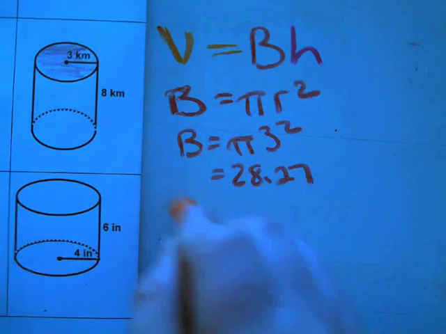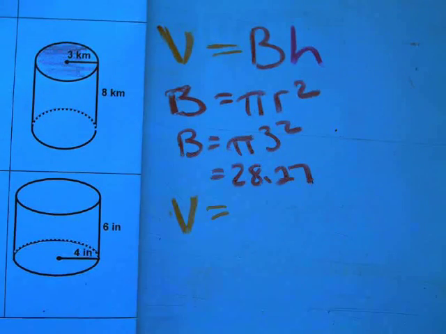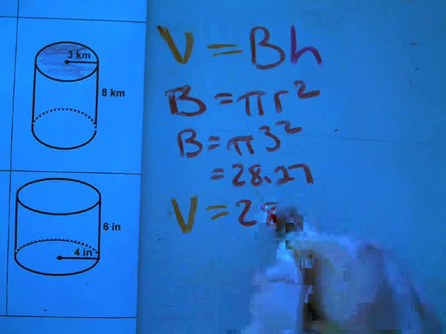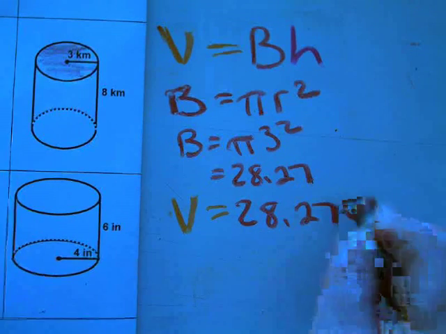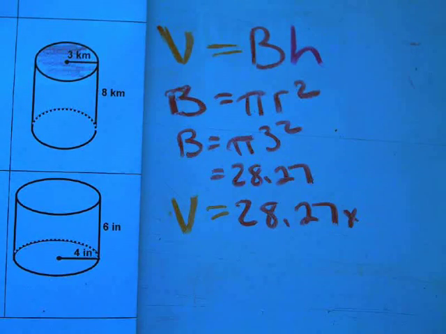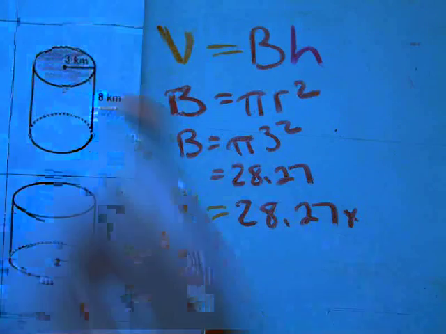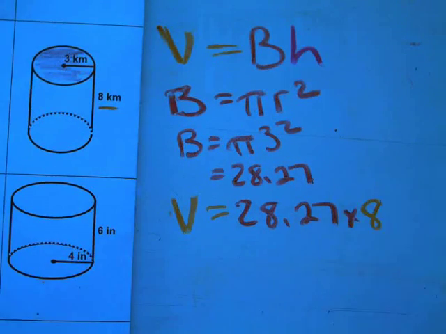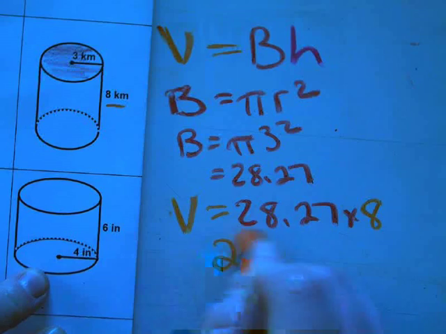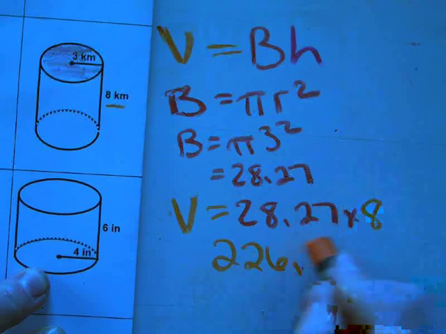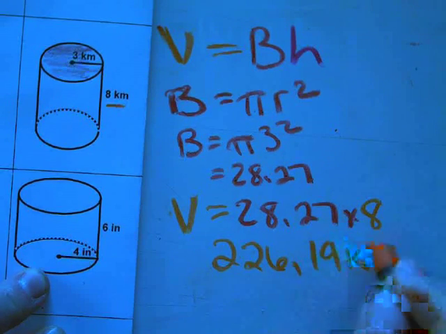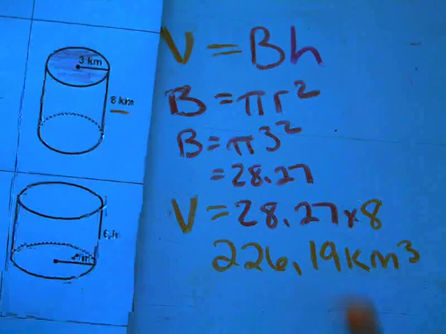So our volume is equal to 28.27 times the height of the prism, which is 8. And now we get 226.19 cubic kilometers.